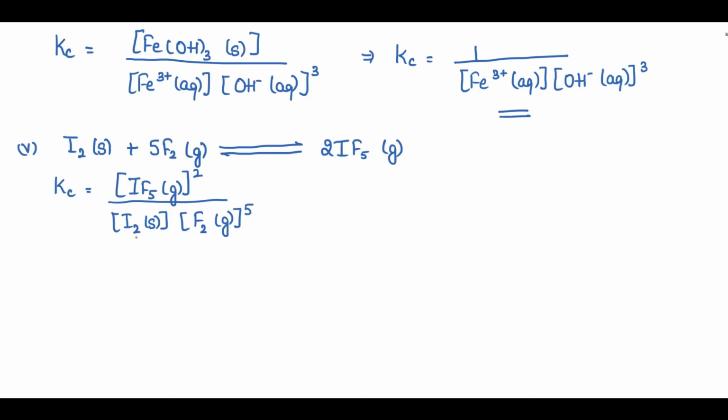We know that concentration of iodine will be 1 because it is in solid state, so we can ignore this, and the final expression will be Kc equals IF5 gas raised to the power 2 divided by F2 gas raised to the power 5.